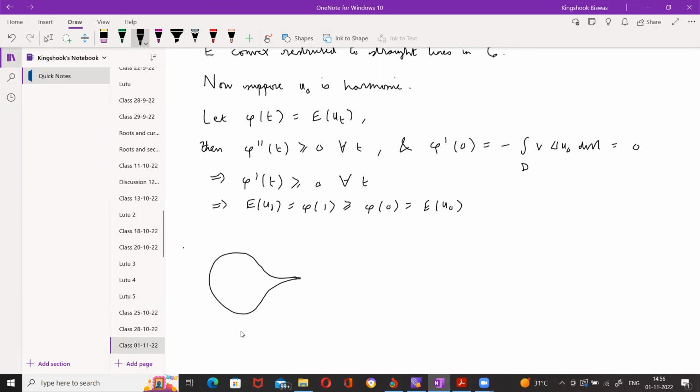Then even if it's C1, let me think for a second. Okay, well, I can cook up a bad domain. Let me cook up a different bad domain.